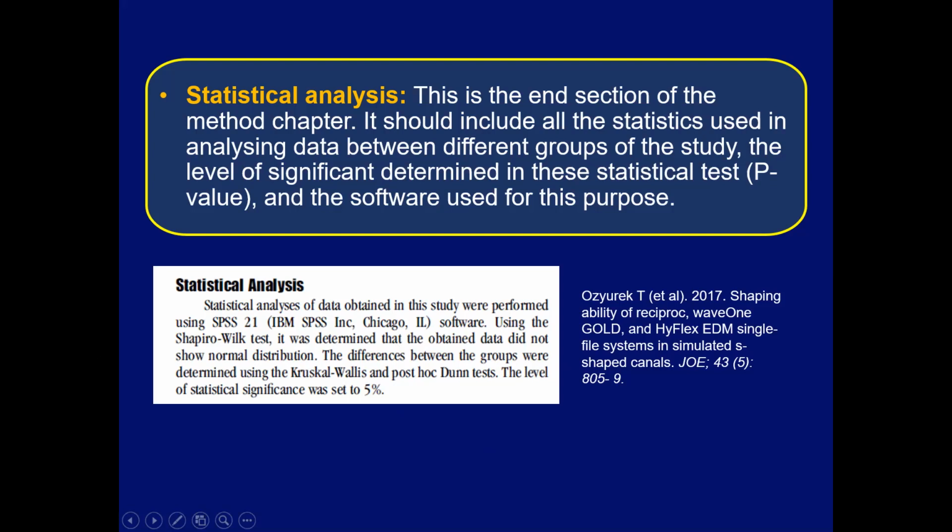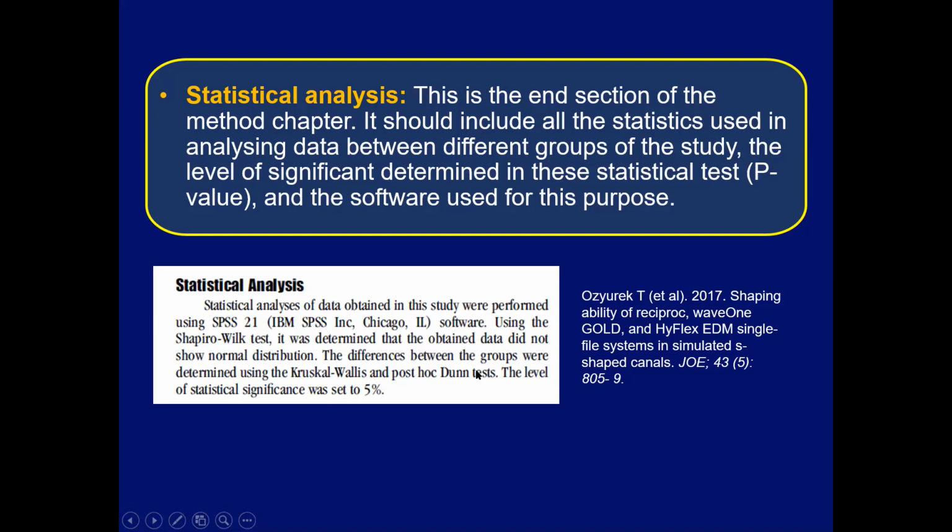The statistical analysis of data obtained in the study was performed using SPSS, the version of that software, and the company producing that software. This is very important. Using the Shapiro-Wilk test, which is a test for whether your data is parametric or non-parametric, it was determined that the obtained data did not show a normal distribution. The normality of distribution is very important for the Shapiro test.